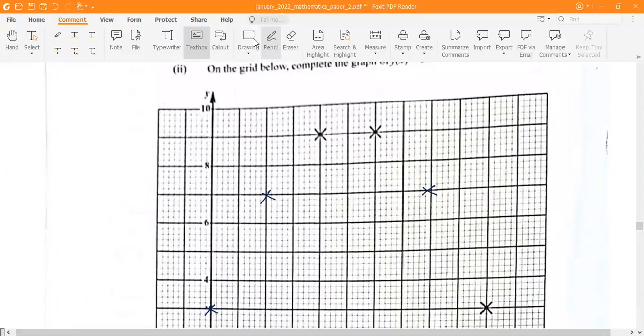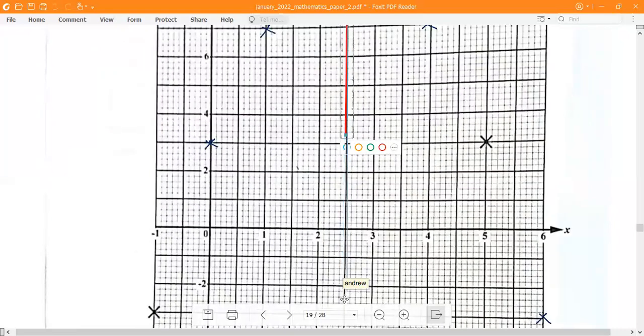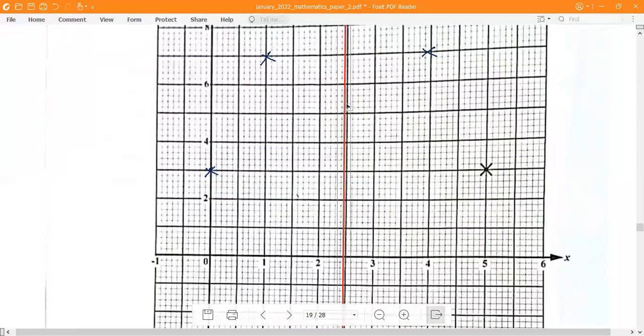Let's see if we can draw that in our diagram. x equal to 2.5. Make sure it's properly centered, right?